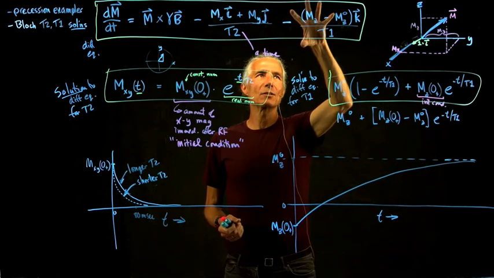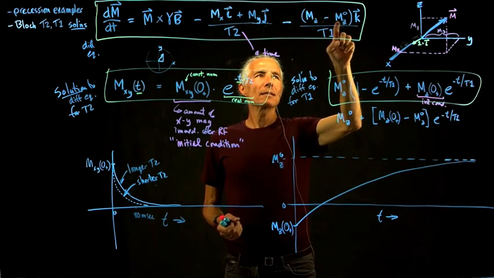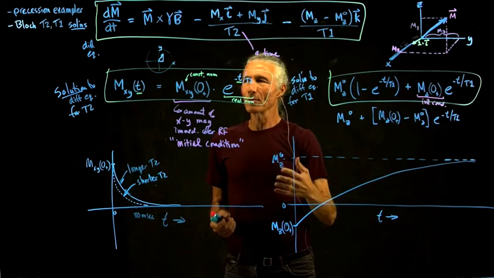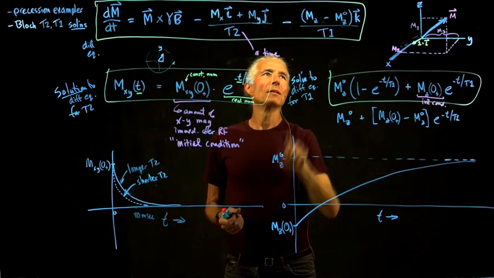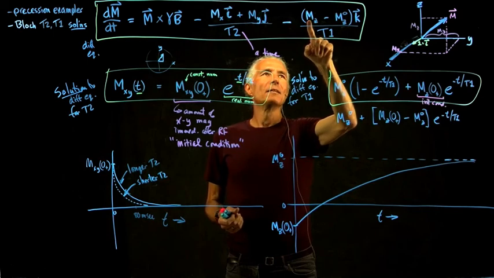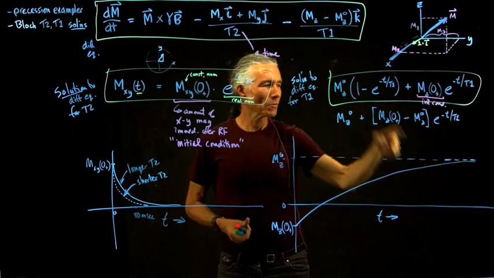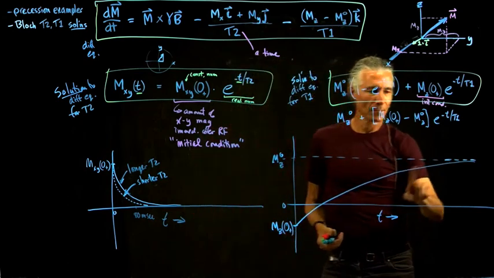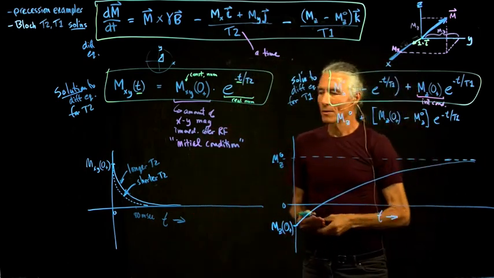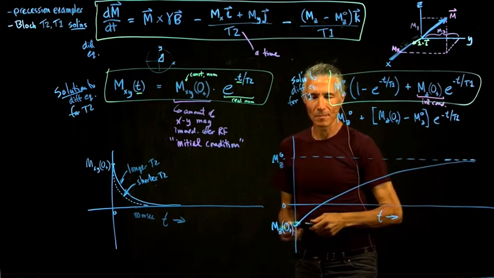So this term causes mz to grow until it gets up to the equilibrium number, which is mz0. In which case, when mz is mz0, mz minus mz0 is 0, and then there's no change. So that's why it's slowly but surely heading up toward mz0, starting from some point.